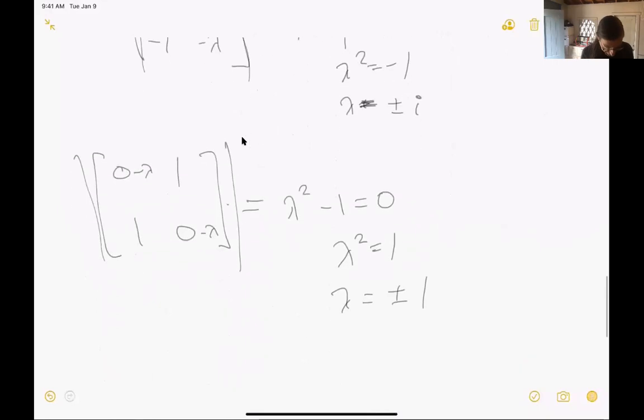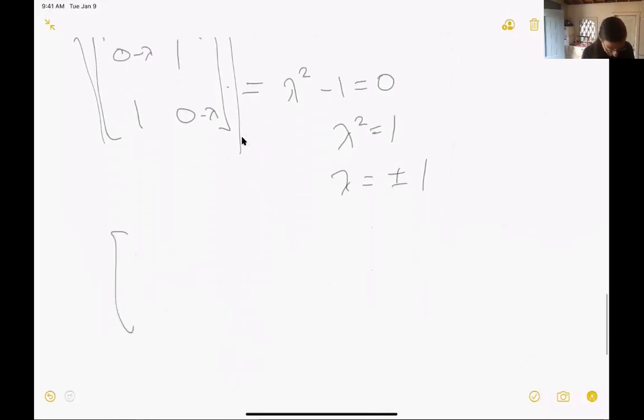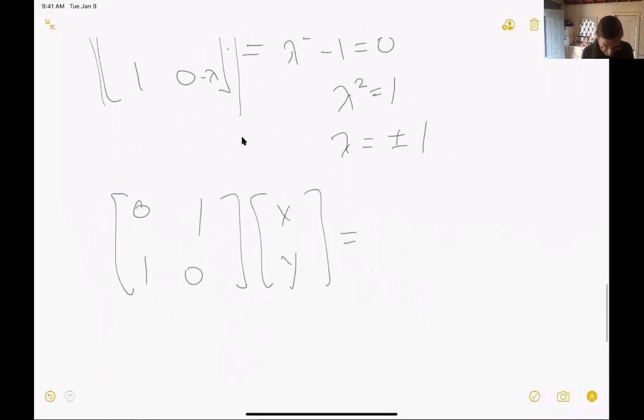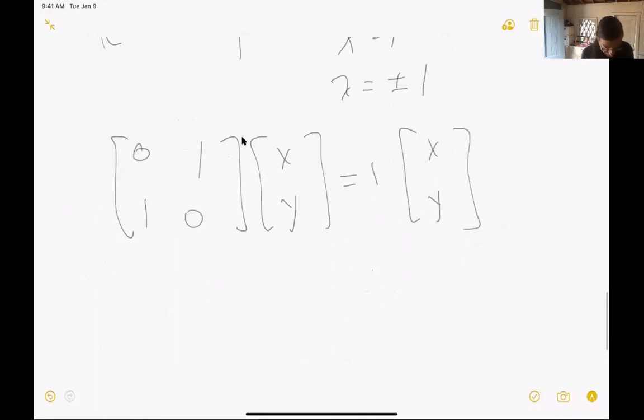Okay, let's go a little bit further on this one. We've got the matrix [0, 1; 1, 0] times (x, y) equals 1 times (x, y), to get the eigenvectors. That tells us that y equals x. So we get an eigenvector of (1, 1) corresponding to the eigenvalue lambda equals 1.